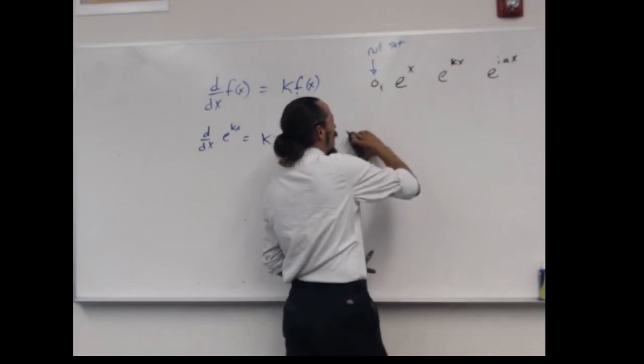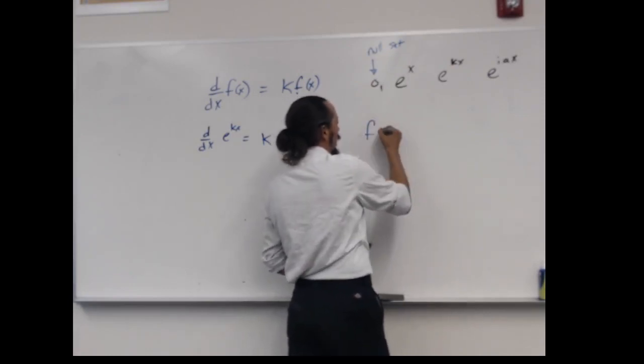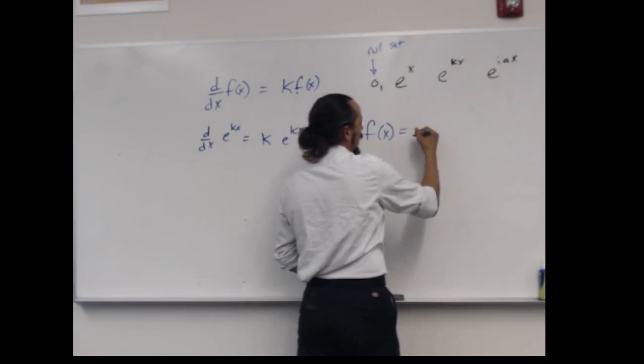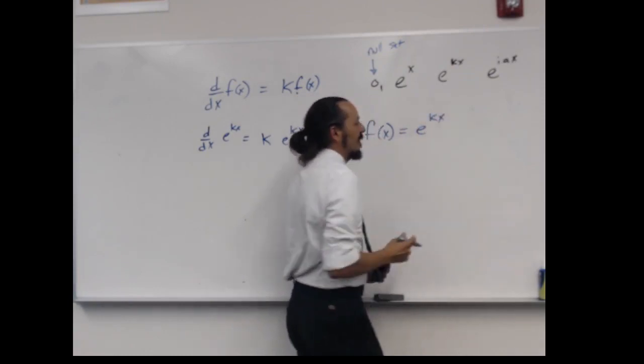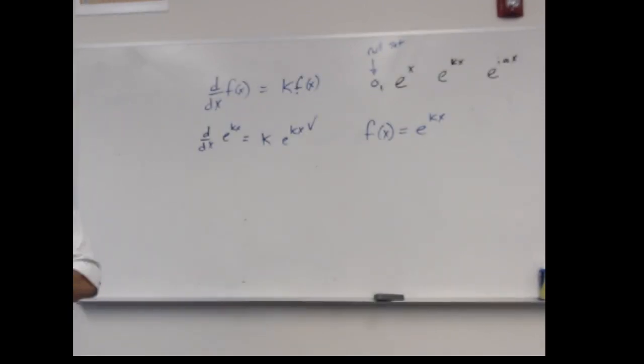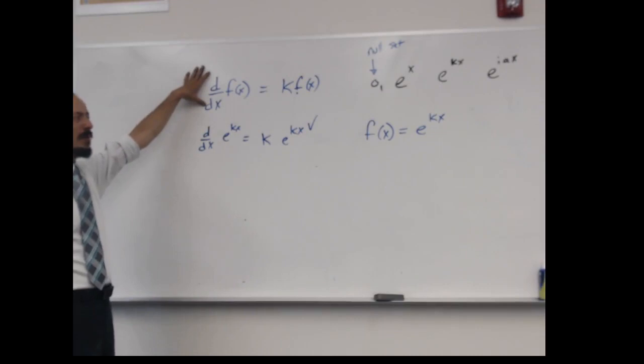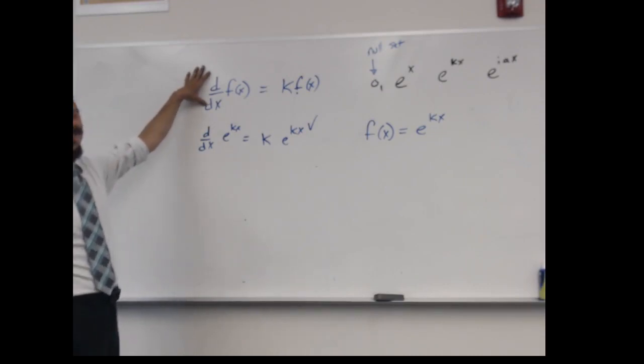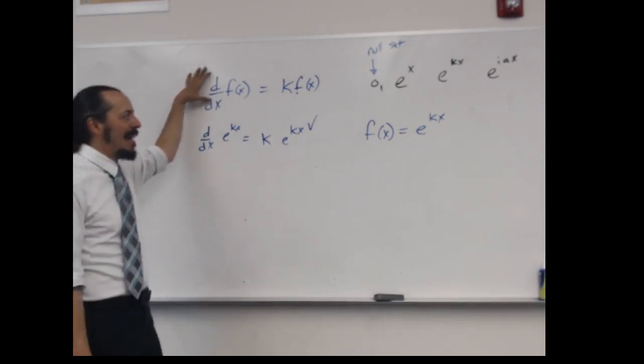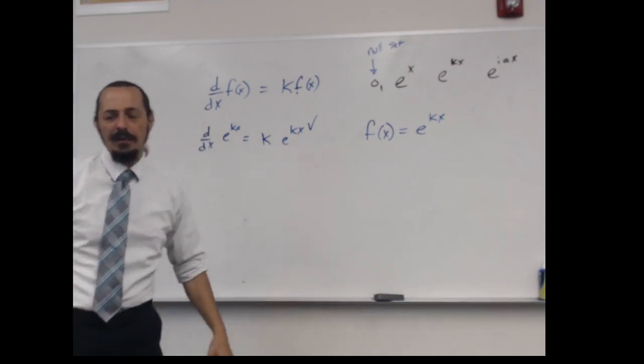That gives us one possible solution: f of x is equal to e to the kx. That's one of our possibilities. So what we just did is number 1 and number 2 for our typical problems. I gave you a system, I gave you a problem, and based on the math we already know, we can come up with an answer to that problem.